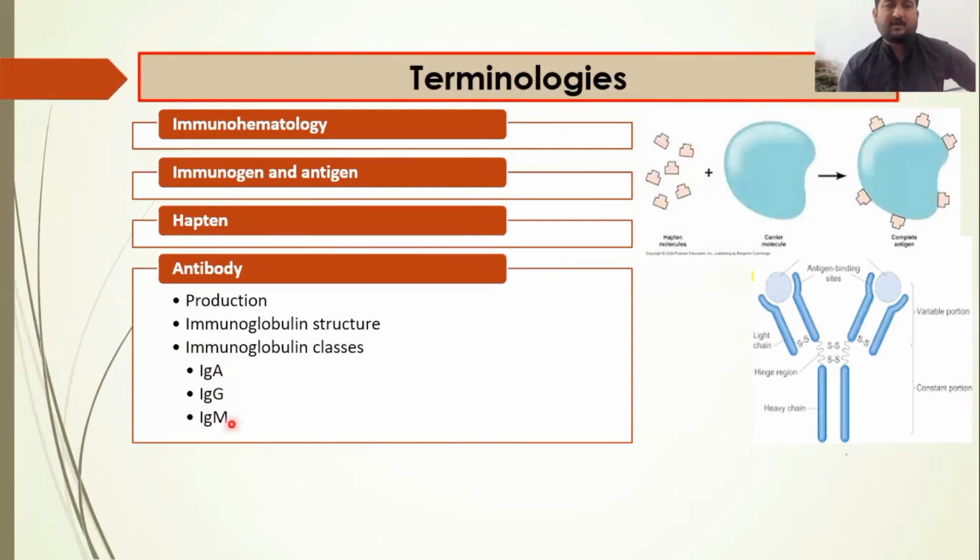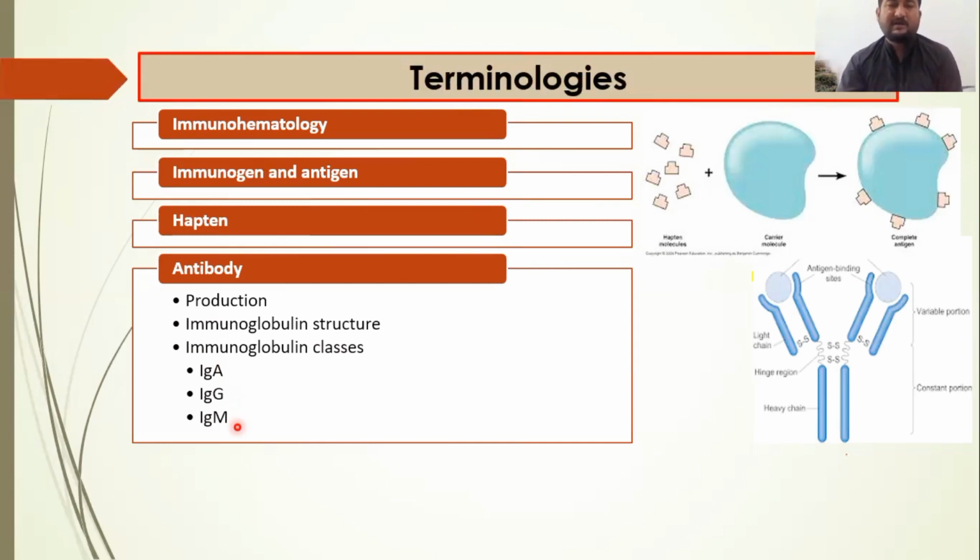IgM, this antibody cannot cross the placenta. These antibodies are not present in a newborn baby, and these antibodies can react at room temperature, 20 to 24 degrees centigrade. The IgM are highly effective agglutinants and are capable of activating the complement.